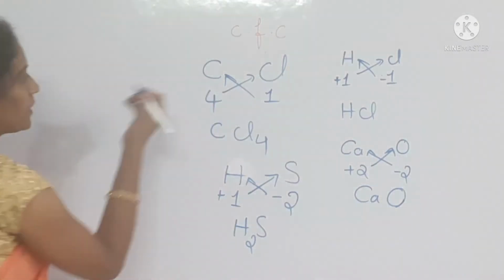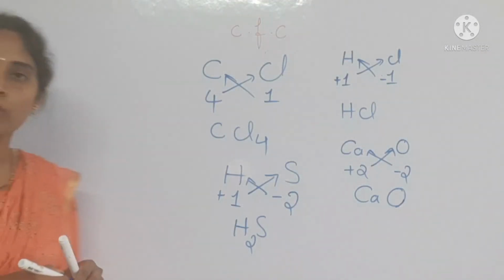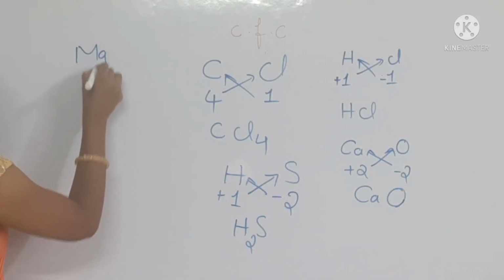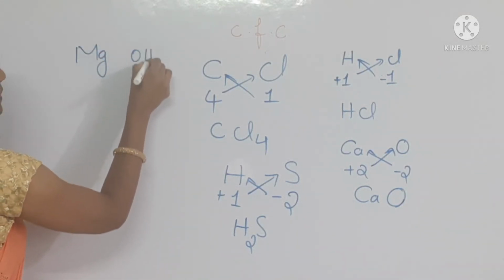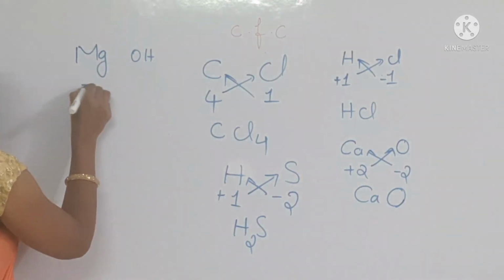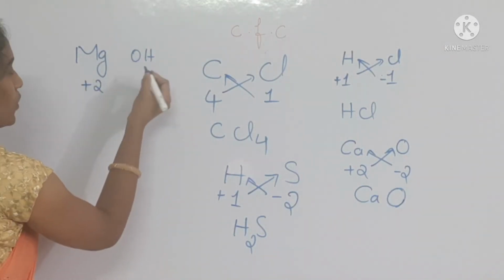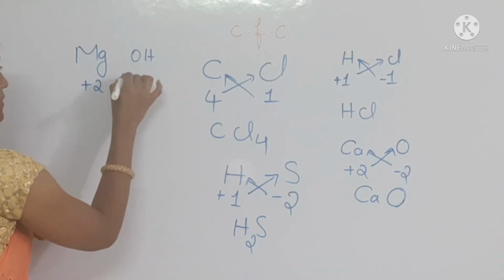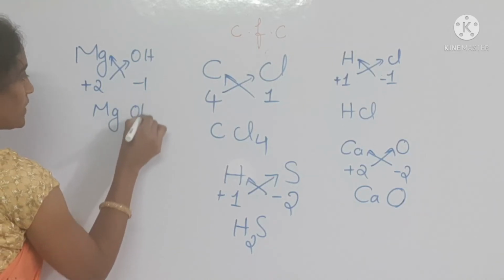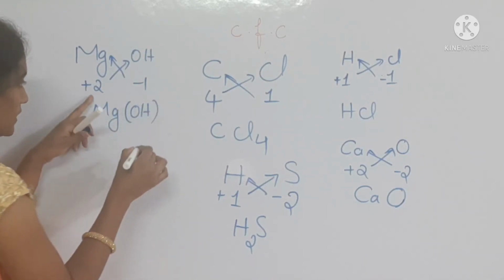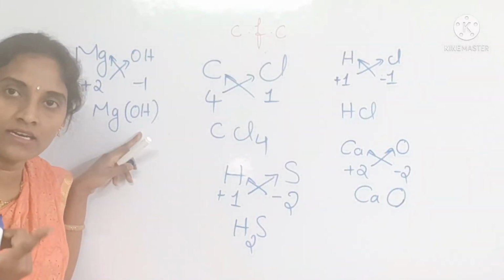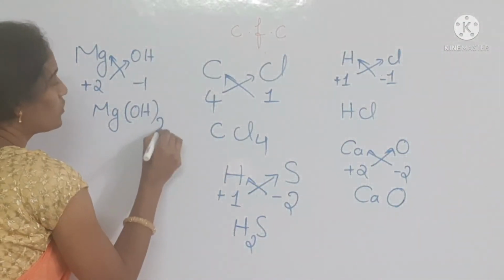Coming to, if polyatomic ions are there, how can we write? Magnesium, this one. I am going to write magnesium hydroxide. Its valency is +2, OH shows -1 charge. So, after balancing the valencies, you will get OH. Here, 2 OH minus ions are there, so we have to enclose with a bracket.